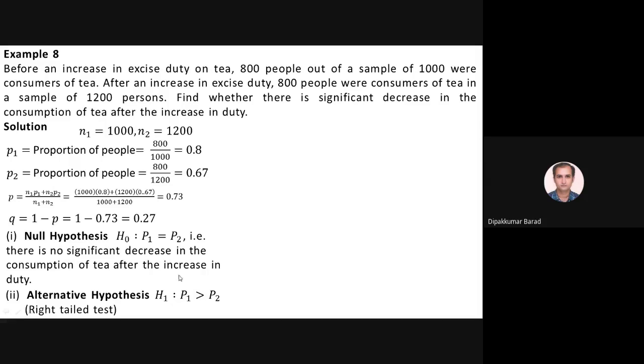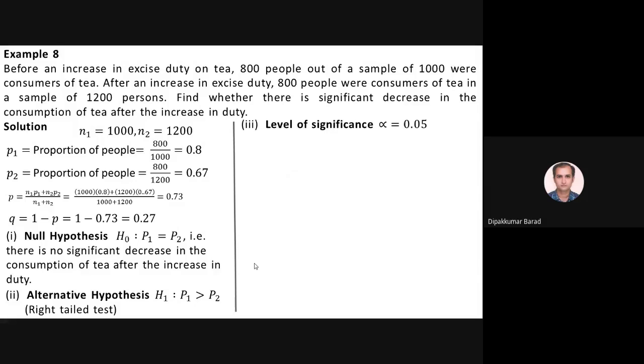So we take the alternative hypothesis P1 greater than P2, and P1 greater than P2 means it is a right tail test.